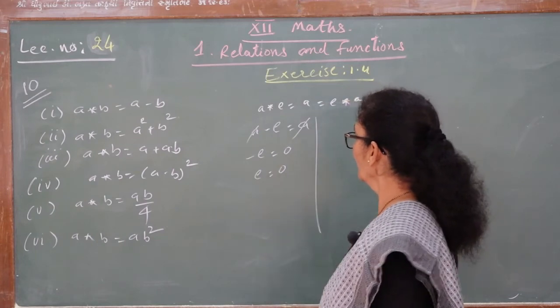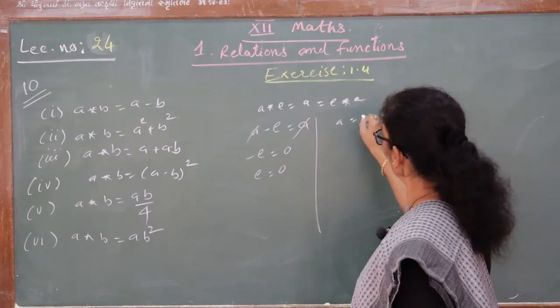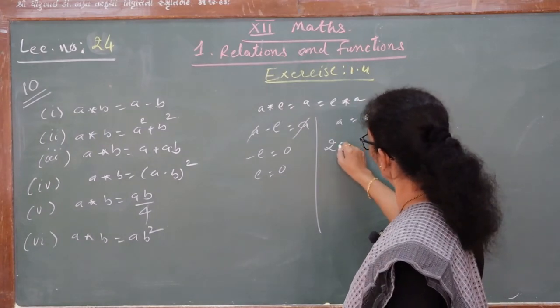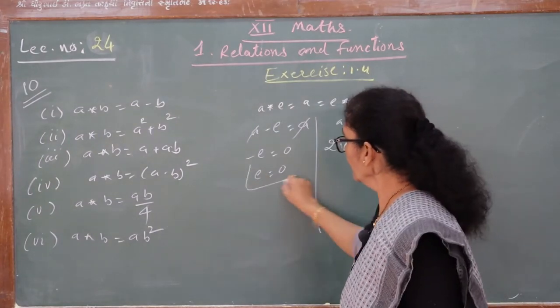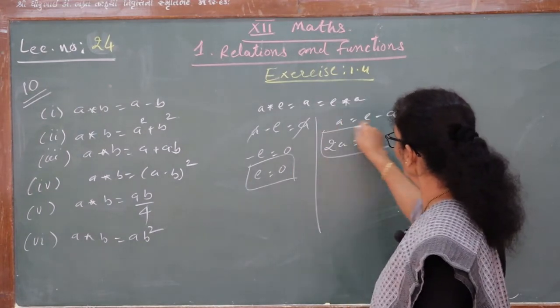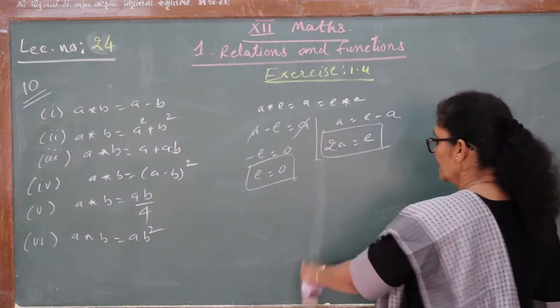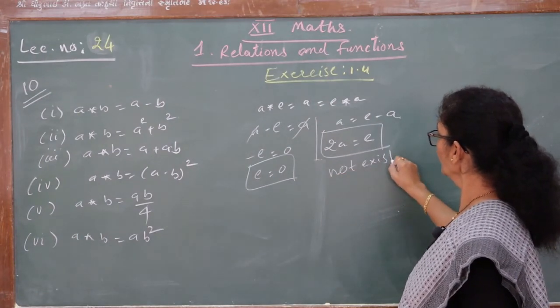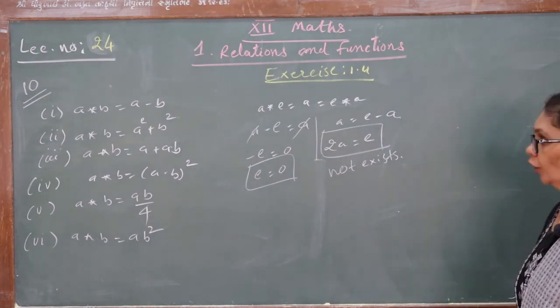So you get e equal to 0. And a equal to e minus a, so shifting a here, a equal to e. So here you get e equal to 0, here you get e equal to 2. Both answers are different, so the identity element does not exist.